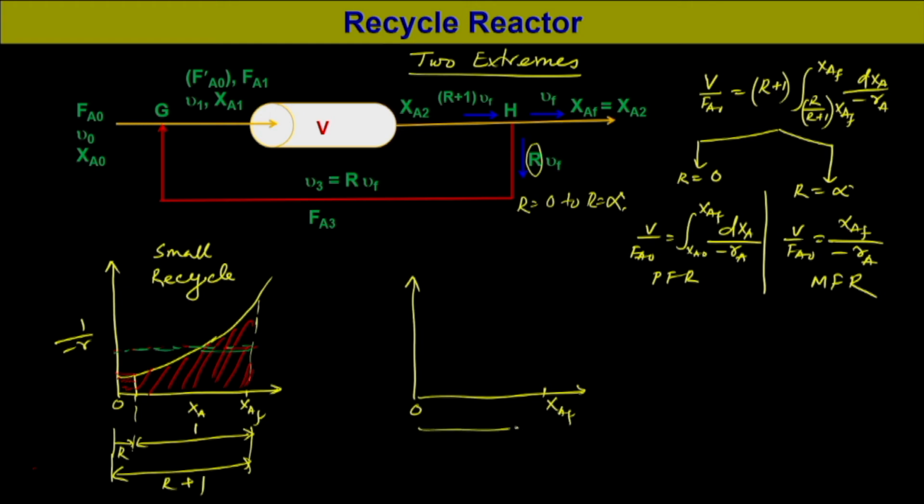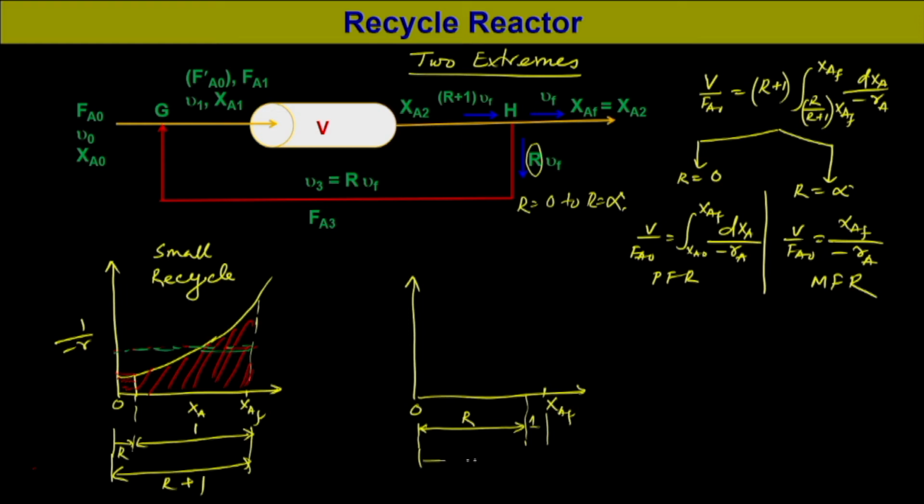So, we will keep up to this, so this is recycle, and this part is 1, not recycle.